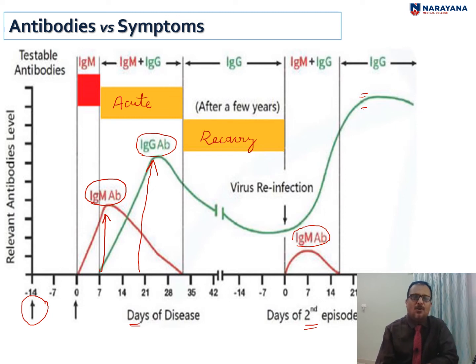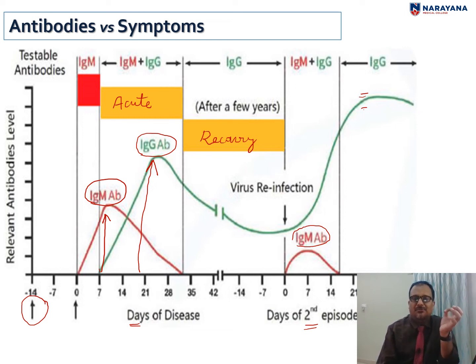This is how the antibodies are produced and present in the blood. In the first week of illness, you see high titers of IgM antibodies, and in the second week of illness you see high titers of IgG antibodies.